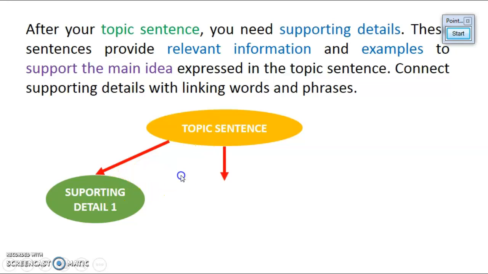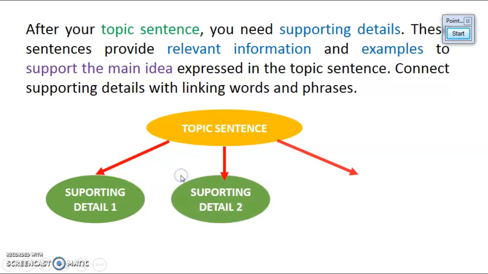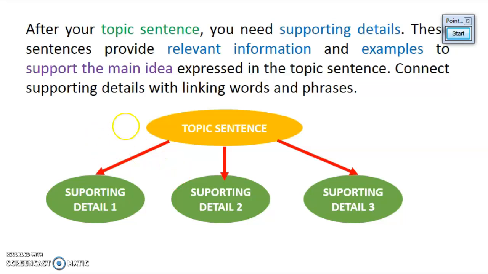We can put detail number 1, detail number 2, detail number 3, or 5, 6, 7, as many details as you want, no more than 10, because a paragraph is not too long, so the average may be 8 to 10 supporting details. These supporting details are expressed in the form of sentences as well.